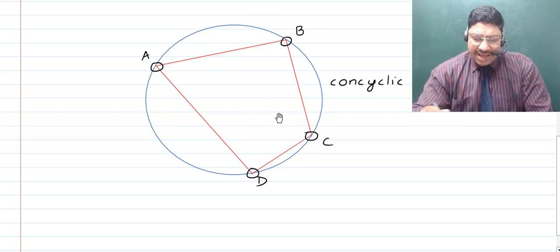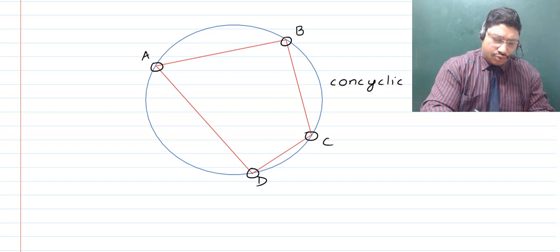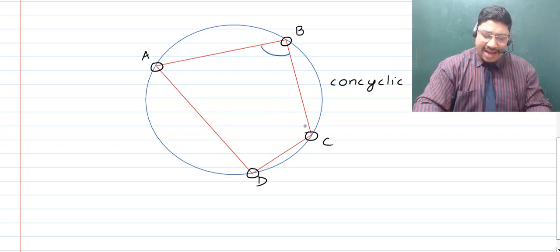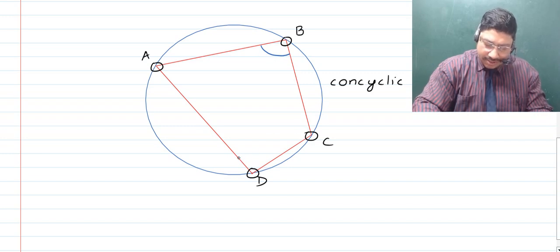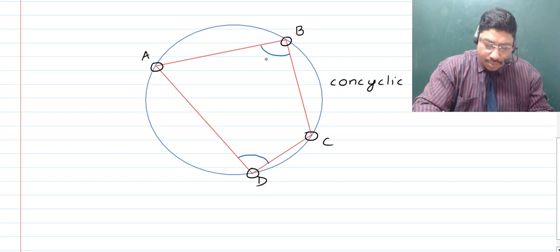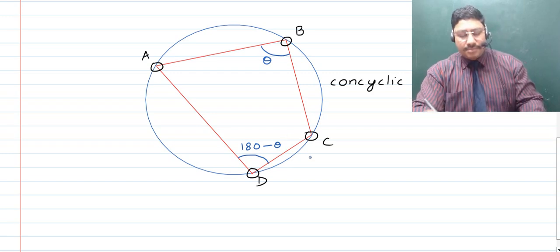Now children, whenever we have such a cyclic quadrilateral, there is a special property. If you talk about one angle of the cyclic quadrilateral, and leave the other, then you will get the opposite angle of the cyclic quadrilateral. Now, if one angle is theta, then the other angle will come to be 180 minus theta, right?